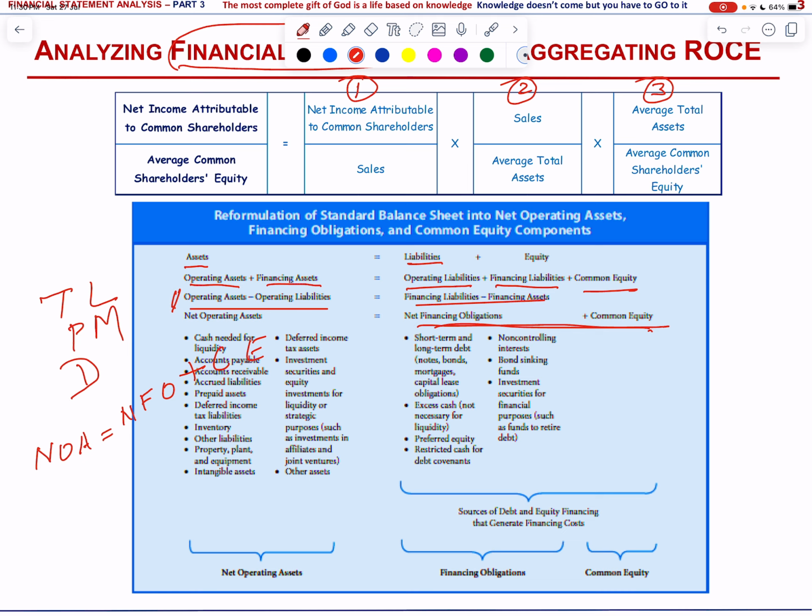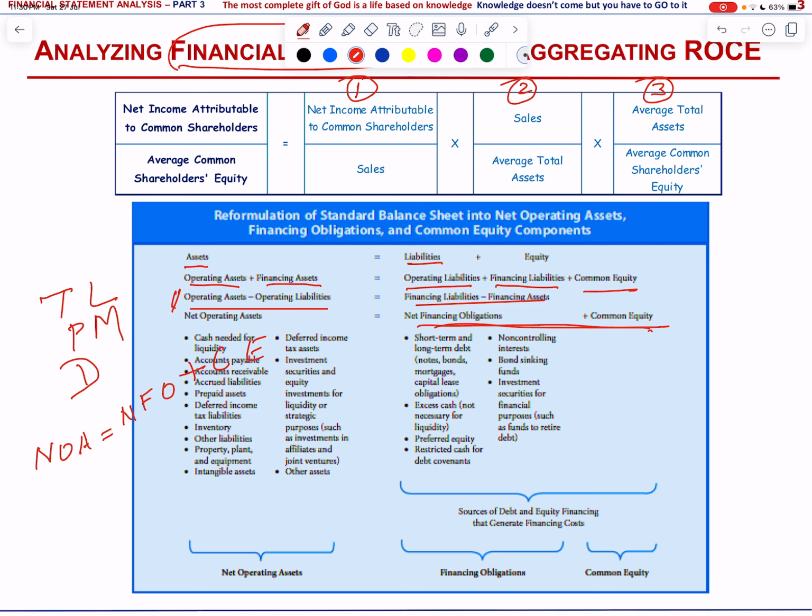Financial assets like cash, marketable securities, and investments must be categorized as operating or financing based on their intended use. Cash and securities used for daily operations are considered operating assets, while investments in affiliates are tied to operational needs.